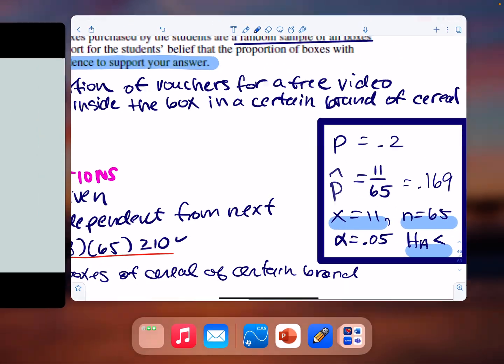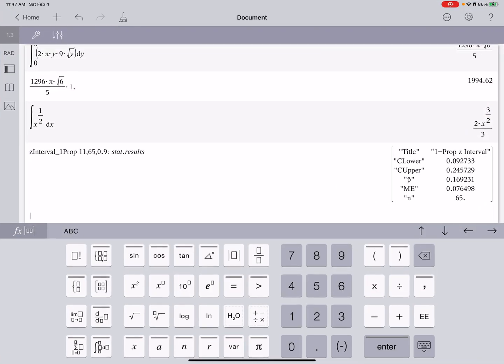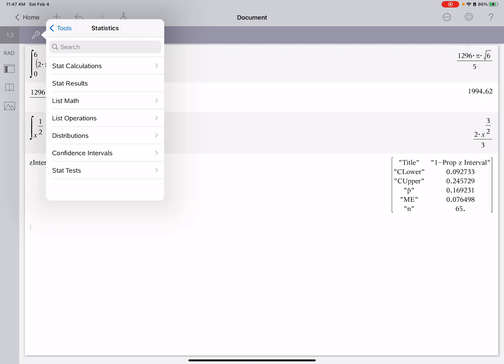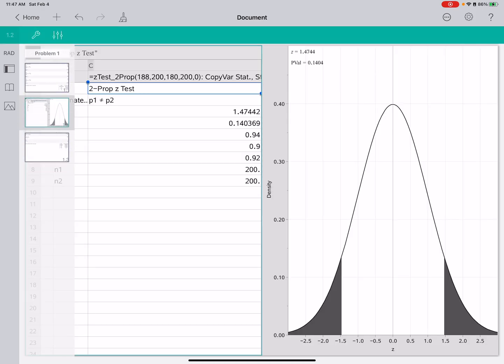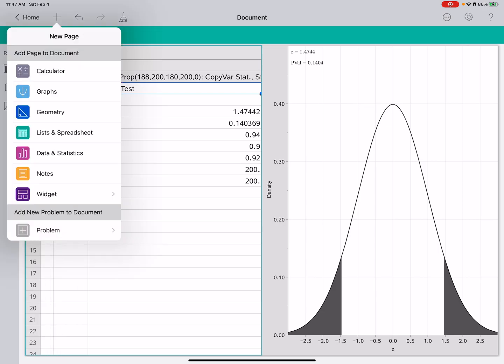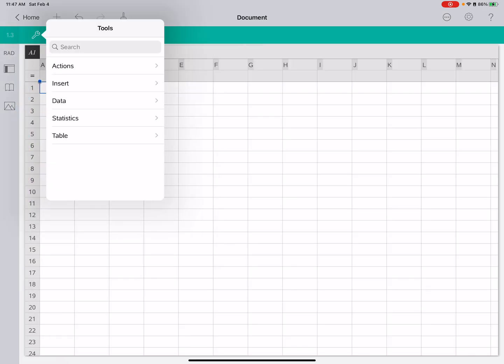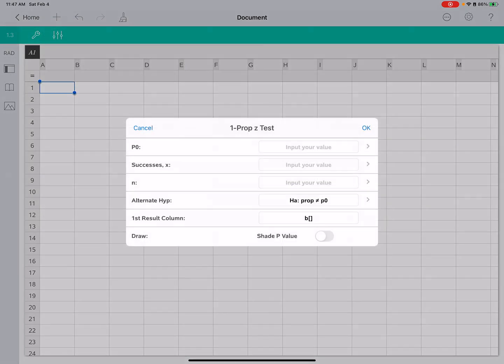So let's jump over to our calculator. From your calculator, you can do a calculator page, or you can do it from the spreadsheet. If you do it from a spreadsheet, it actually will bring up a nice little graph for you when you do it. So I'll just do it from the spreadsheet. I'm going to go menu, stats, test, and this is a one prop z test.